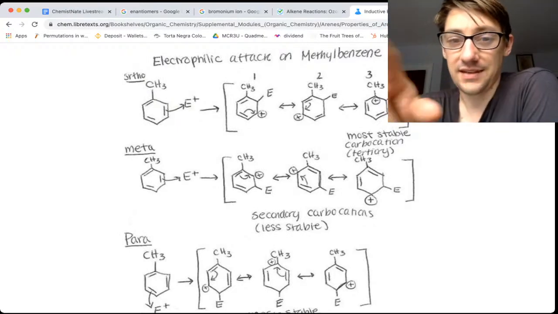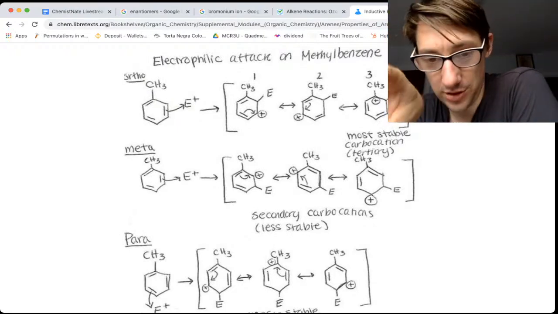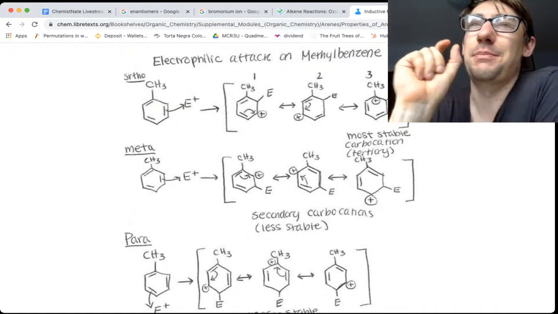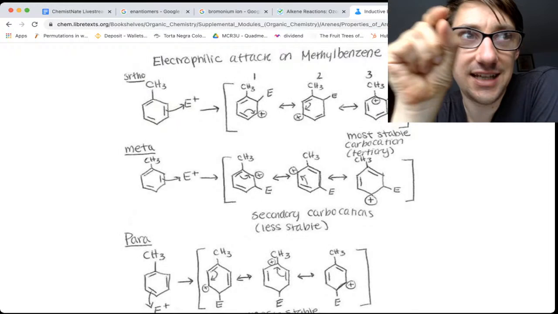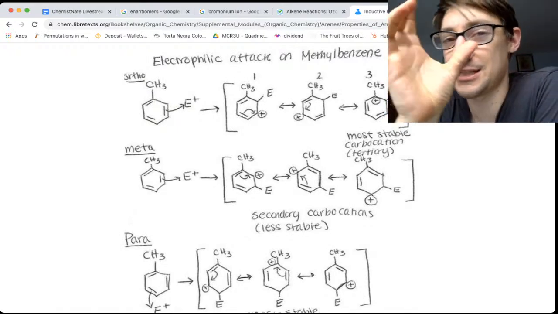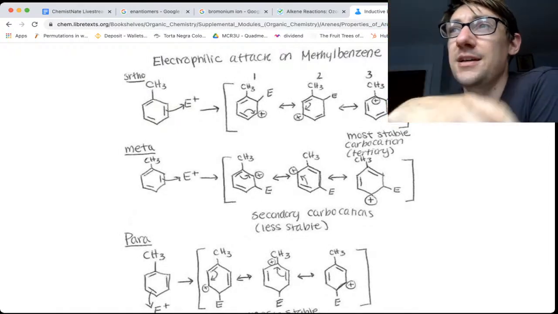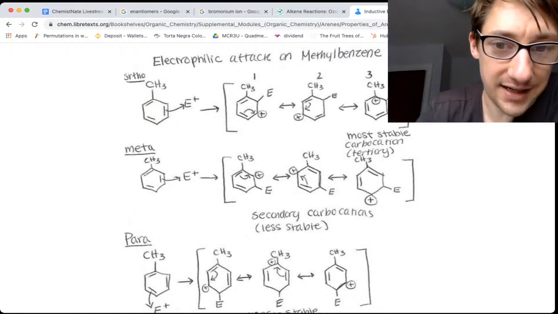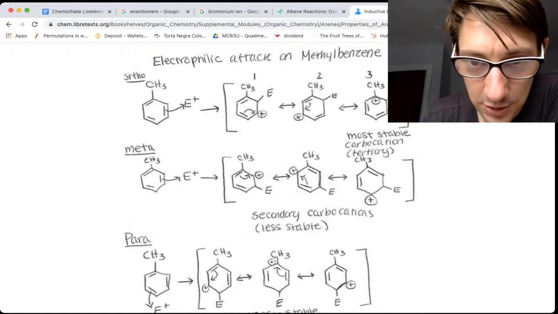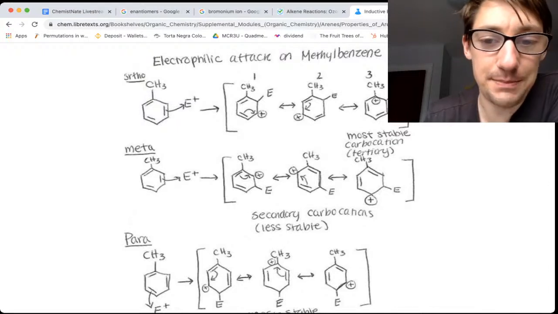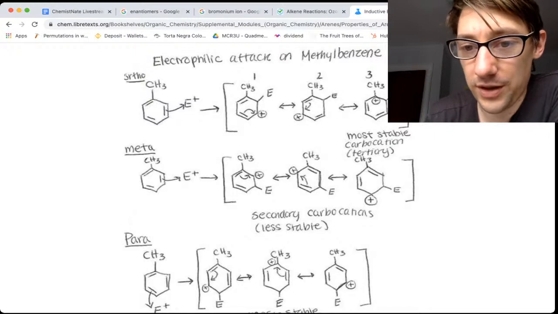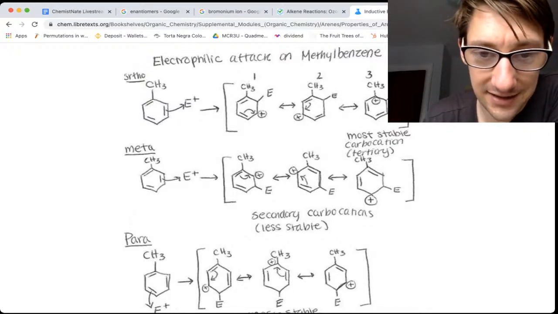But that plus charge is distributed around the ring. And what I remember is that the positive charge kind of skips to alternate carbons, especially in a 6-membered ring. So the positive charge on that carbon can skip 2 carbons away, and then it can skip another 2 away, and then another 2 away, and you're all the way back here.